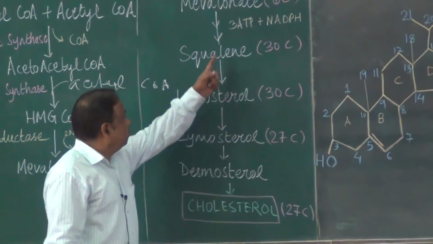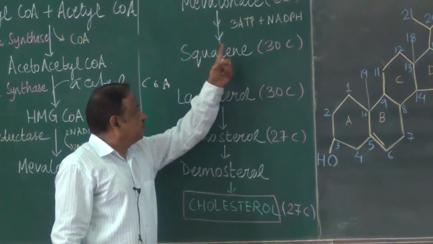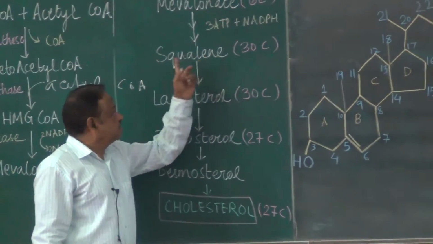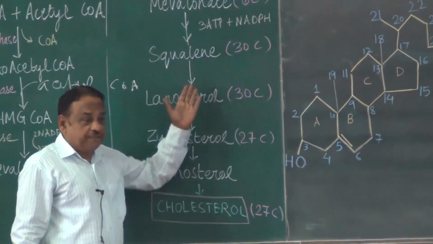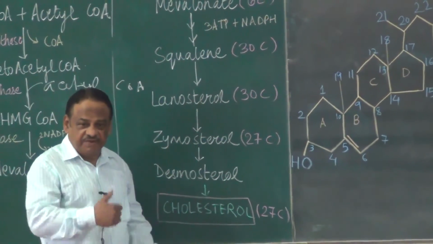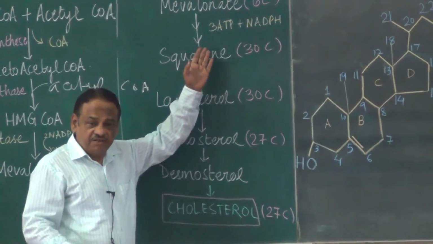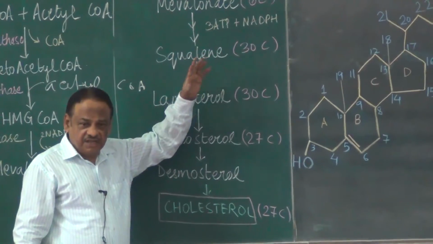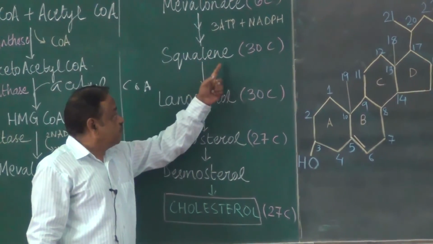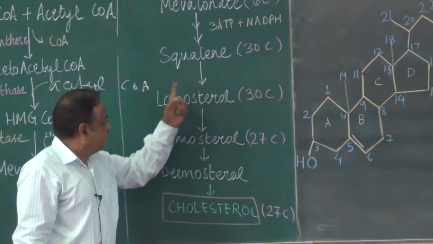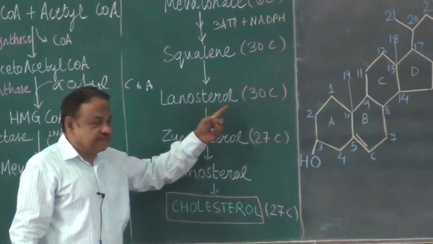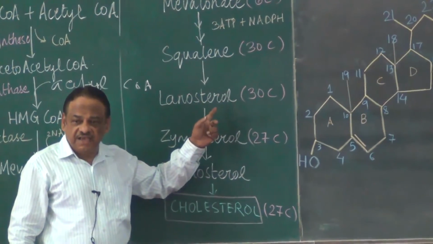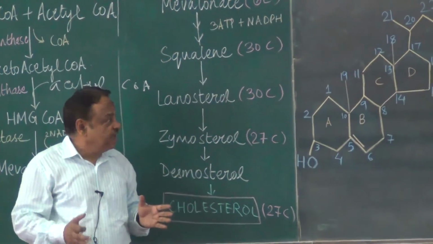Now next, by a series of reactions, it is converted to a 30 carbon compound known as squalene. This is an abbreviated pathway; there are several steps involved, which are not very important. So squalene is produced, and then you get another compound known as lanosterol. Lanosterol, as the name indicates, has taken the shape of a steroid.